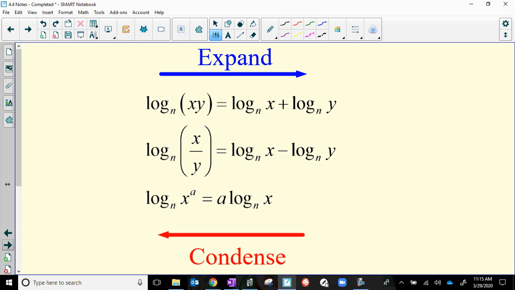You'll use these properties to make problems a whole lot easier and manageable and even possible in those other classes. But for you specifically, in tomorrow's lesson, solving equations, we have to be able to either expand in some situations or condense in others.